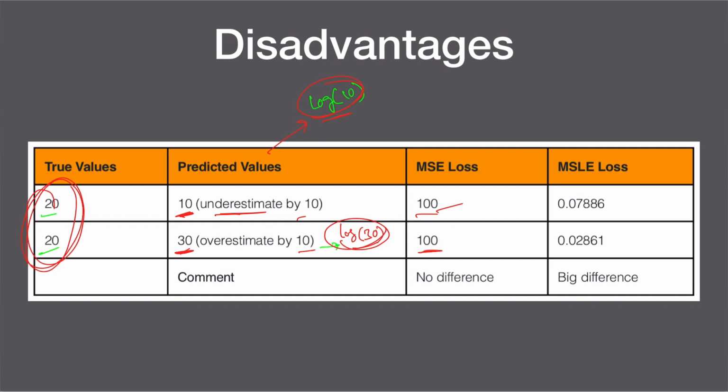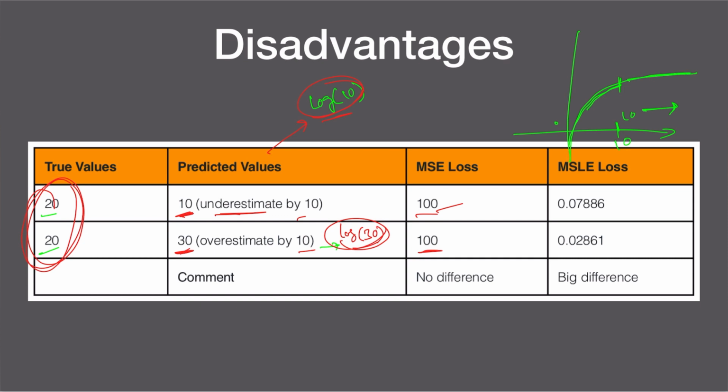Usually between 0 and 10, you can say that it is not fully flattened. It is still rising. So the curve is going like this, right? Let's say this is my 10, 0. In between 0 and 10, the curve is still rising. It is not fully flattened out. But as it goes beyond 10, it gets flattened out.